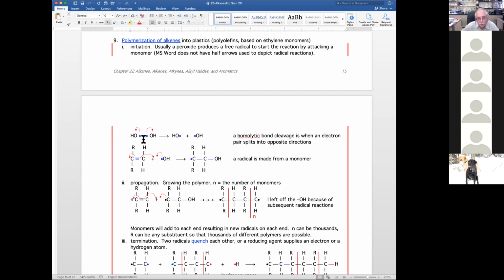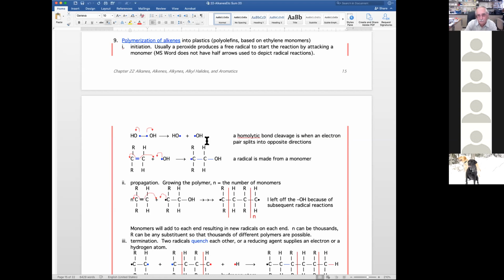And the other one is a homolytic cleavage. Homolytic cleavage is unusual. It doesn't happen very often, but the 2 electrons in a covalent bond basically go in opposite directions. When you do that, you get 2 radicals, 2 hydroxy radicals.